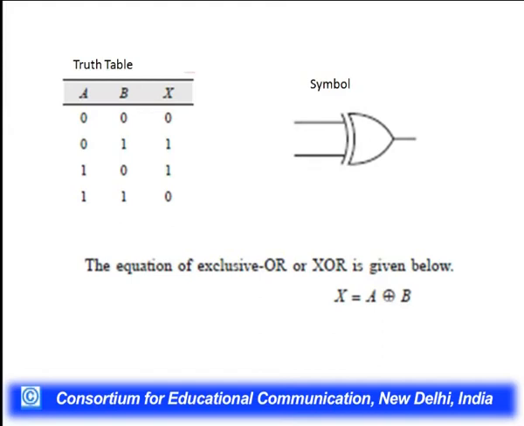In another case, A is 0, B is 1, both inputs are not the same, so the result is true, and you write 1 in the column of X. Another case, A is 1, B is 0, both inputs are not the same, so the result is 1. And the next consideration, A is 1, B is 1, both inputs are 1, so finally the result is false, 0. So you write 0.